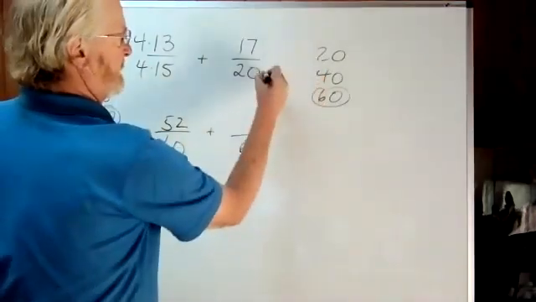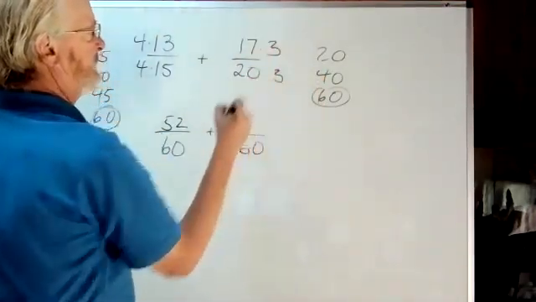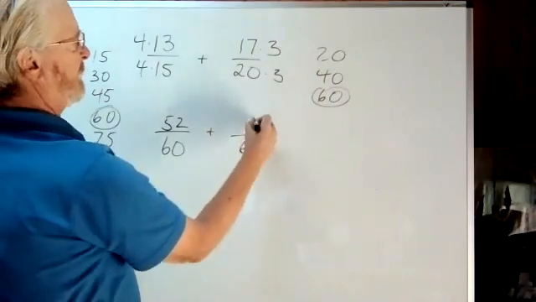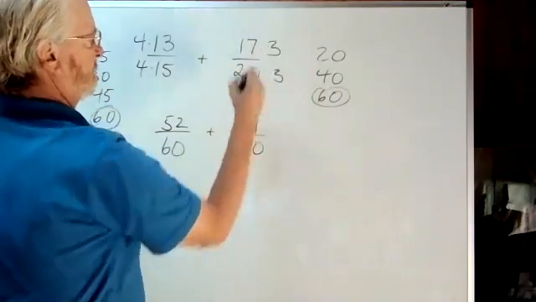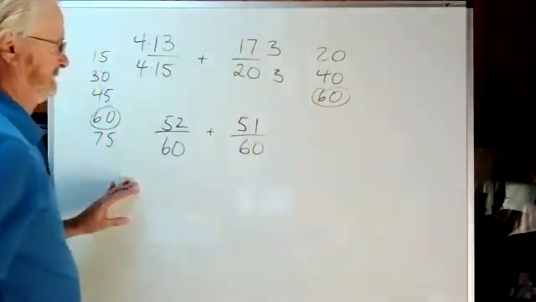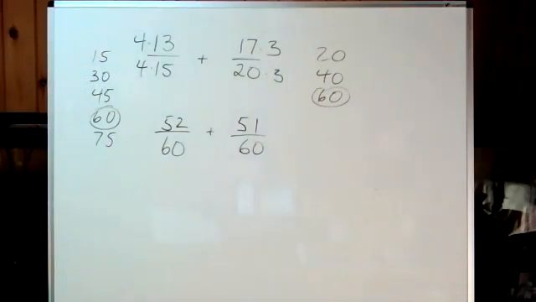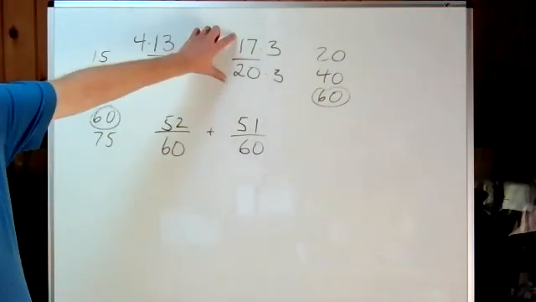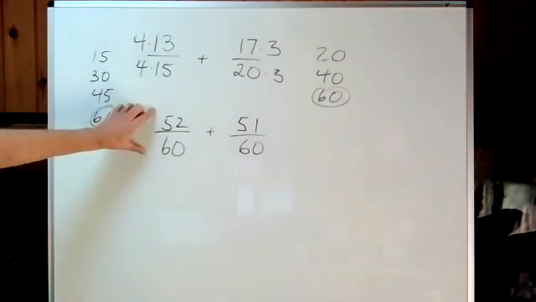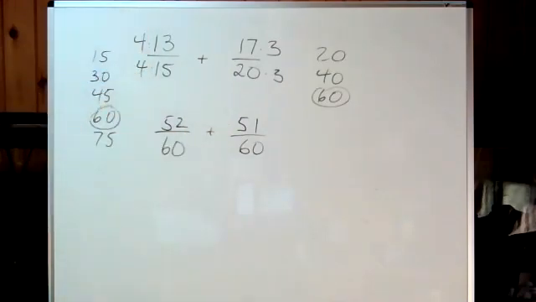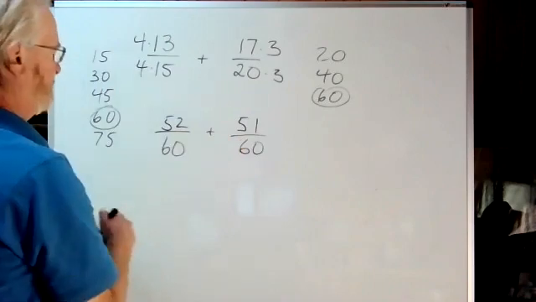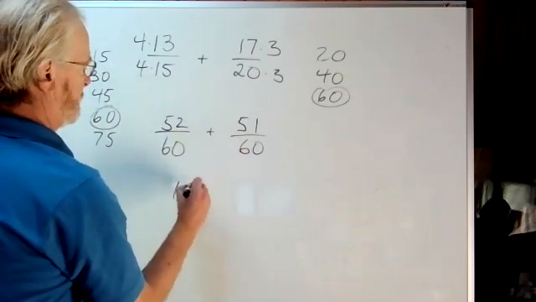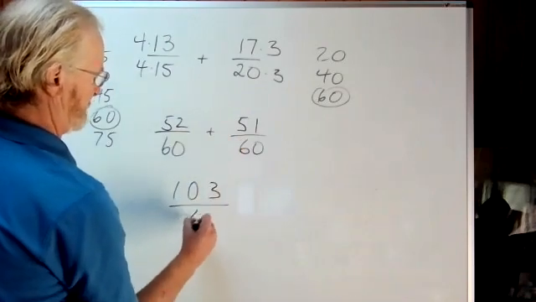And 1, 2, 3 had to multiply times 3. 3 times 7 is 21. 1 times 3, 4, 5, 51. So that's 51 sixtieths as an equivalent fraction and 52 sixtieths as an equivalent fraction. Now I can add them together. Looks like 103 sixtieths.